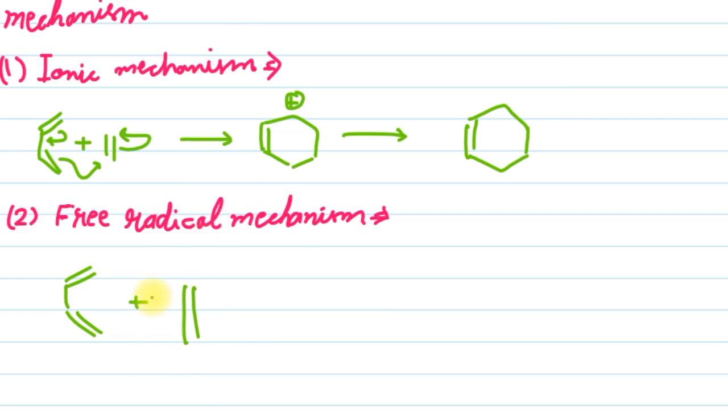This is the double bond of ethene. In this case, the pi electron forms a free radical, and this pi electron also forms a free radical. There are 3 free radicals formed.